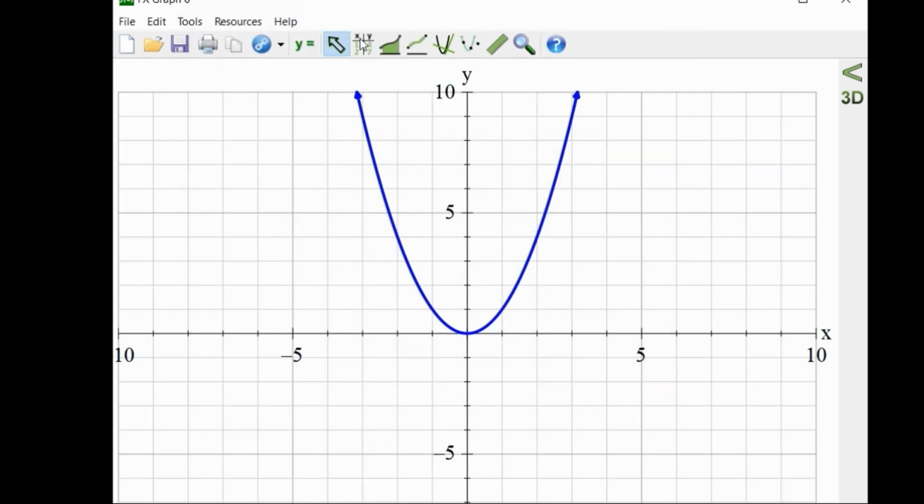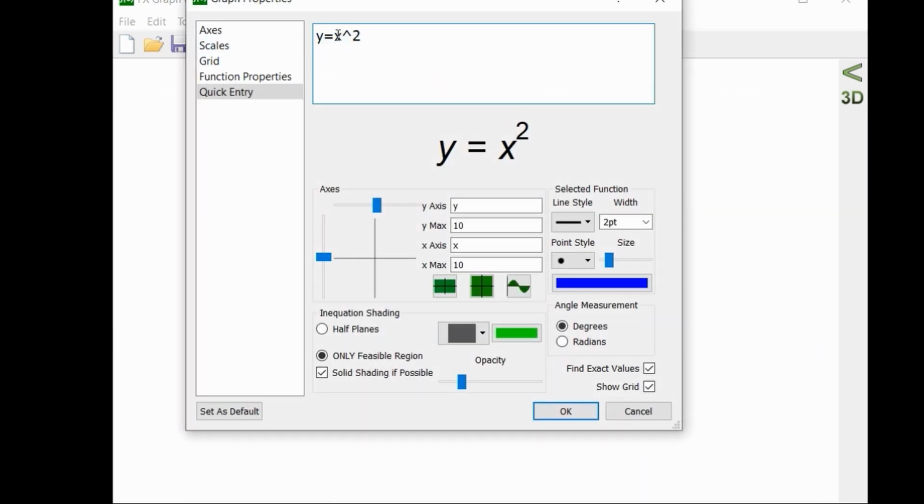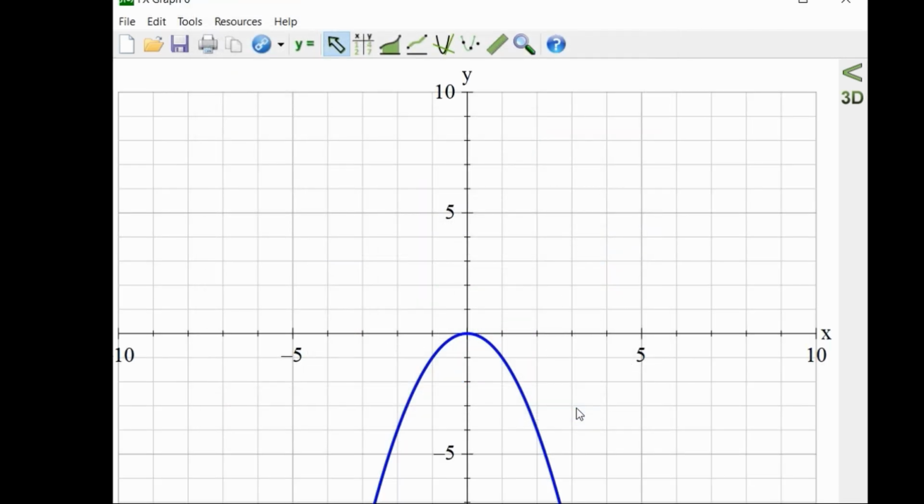Or if we change it to negative, to be more specific, the shape will be symmetric about the negative part of the y-axis. So that is it in its basic form.